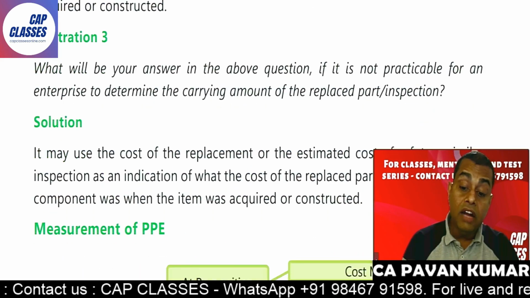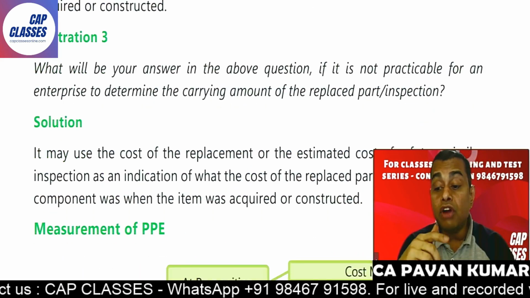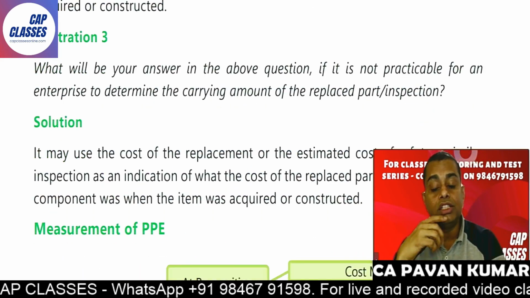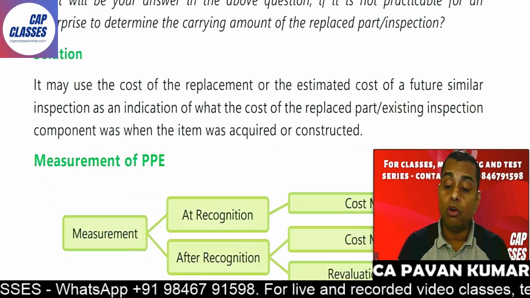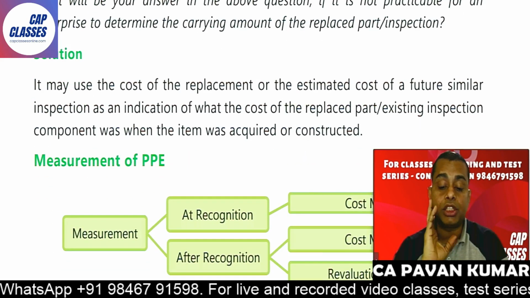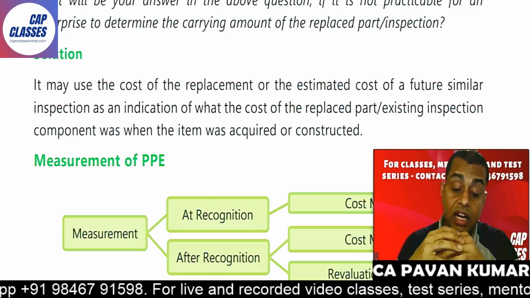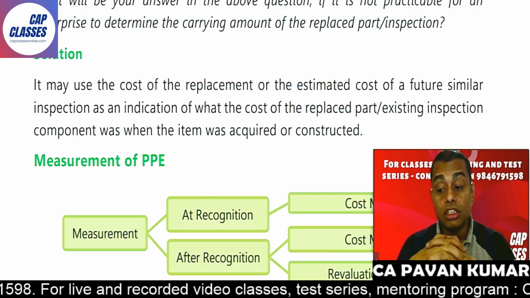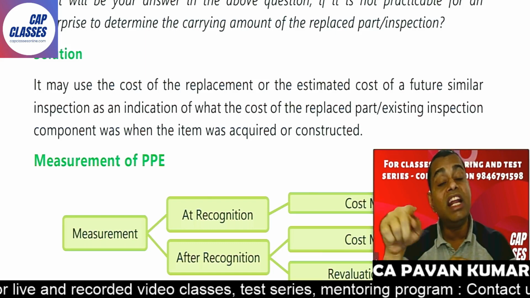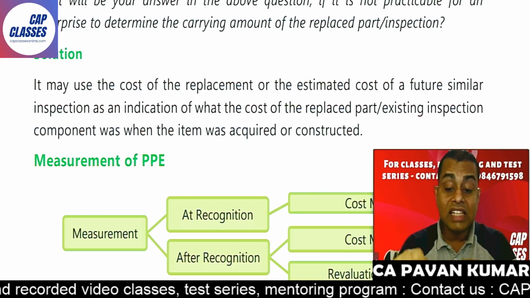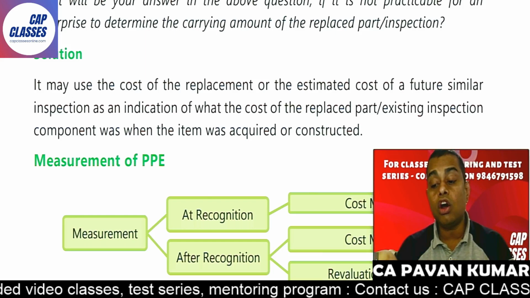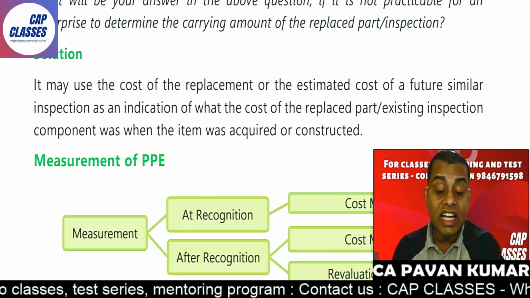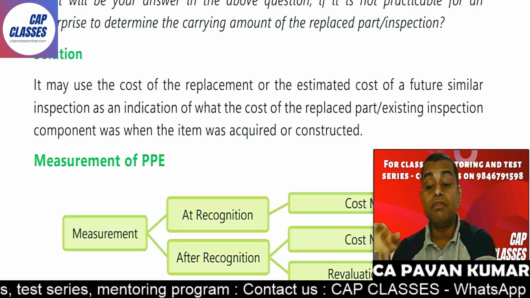3. What will be your answer in the above question if it is not practicable for an enterprise to determine the carrying amount of the replaced part or inspection? See the answer. It may use the cost of replacement or the estimated cost of a future similar inspection as an indication of what the cost of replaced part or existing inspection component was when the item was acquired or constructed.